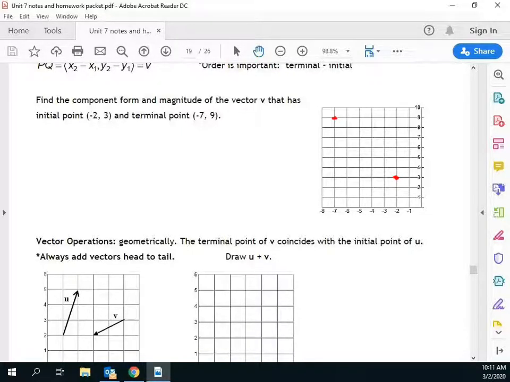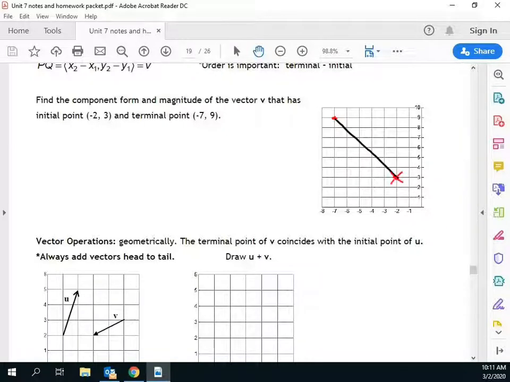So our vector is here. When you have a graph, it is very easy to calculate this. All you're going to do now is find the magnitude and direction of this. Remember, we start from here. You've got to know where you start.